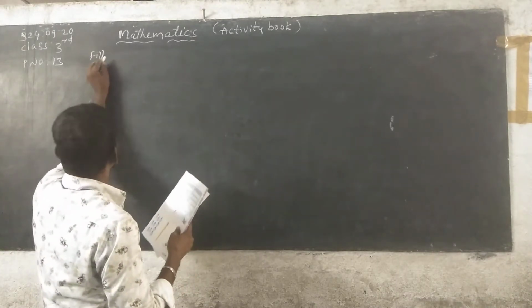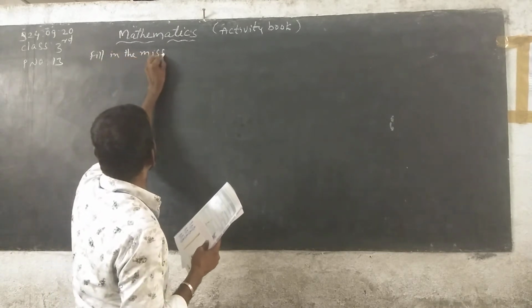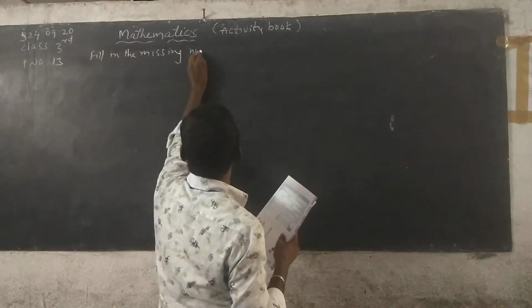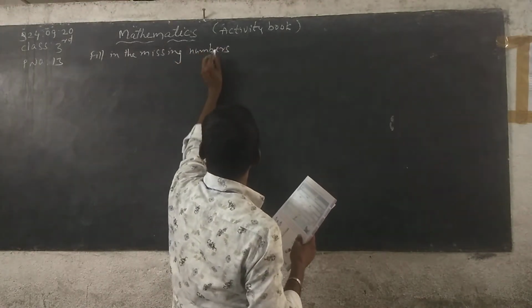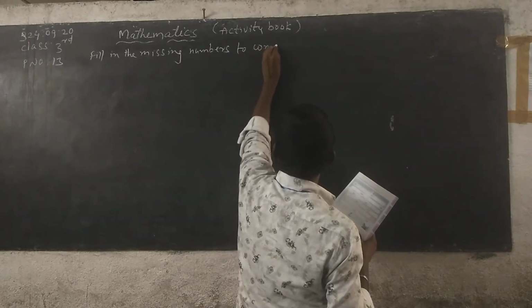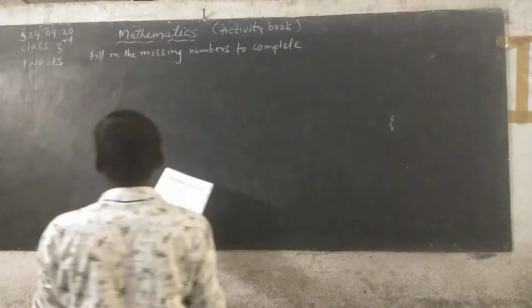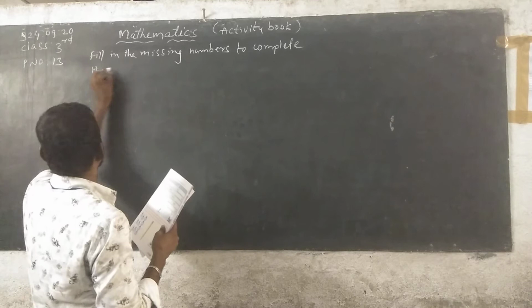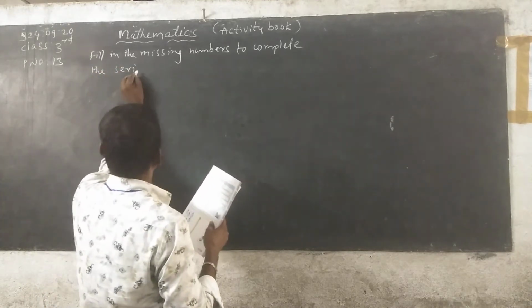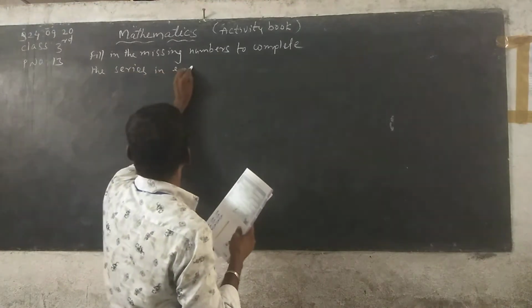Fill in the missing numbers to complete the series in each row.